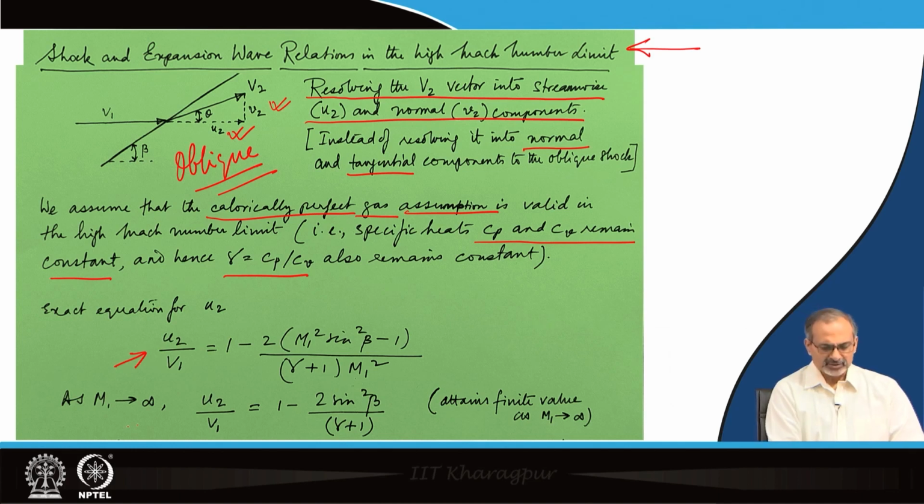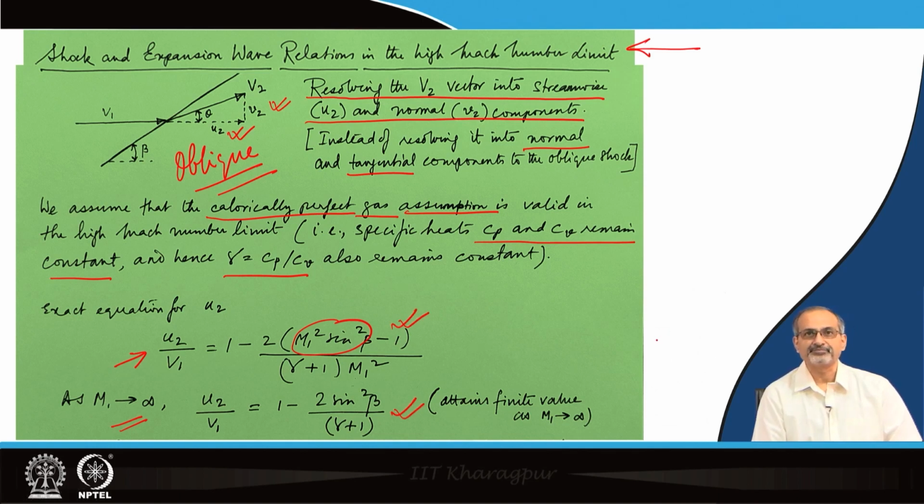Now, as M1 tends to infinity, so you are talking about an infinitely large upstream Mach number, then you can argue that this term would dominate over the -1 term, and therefore, the equation will simplify to this. Though M1 is tending to infinity, this relation attains a finite value.